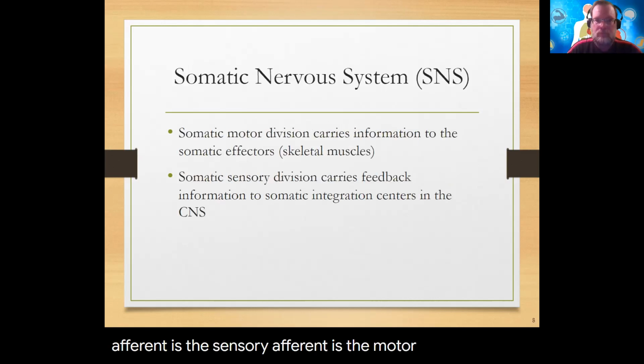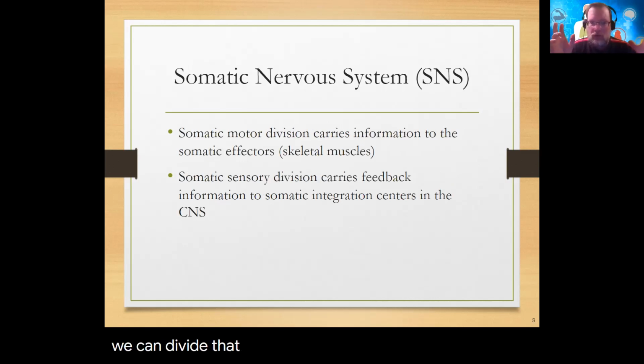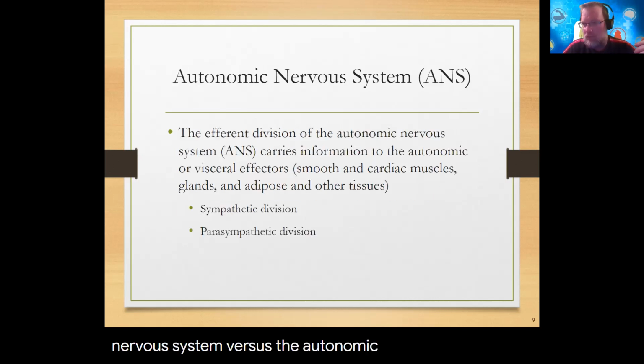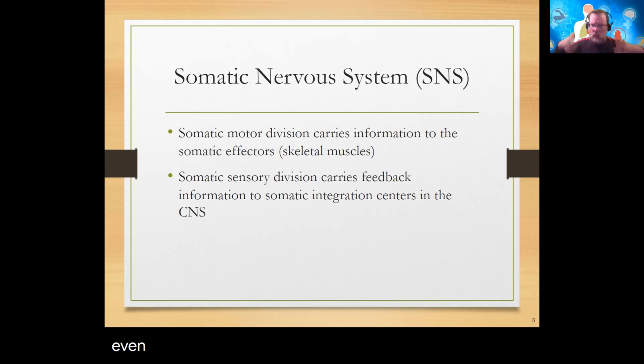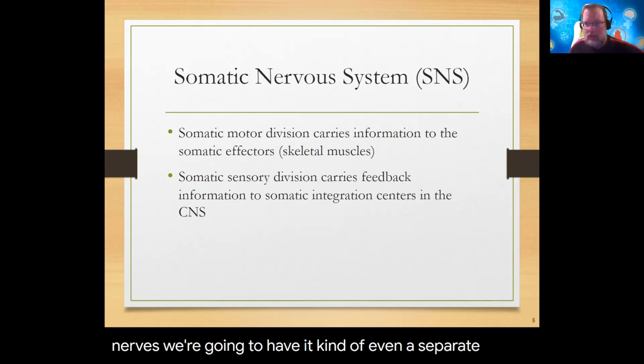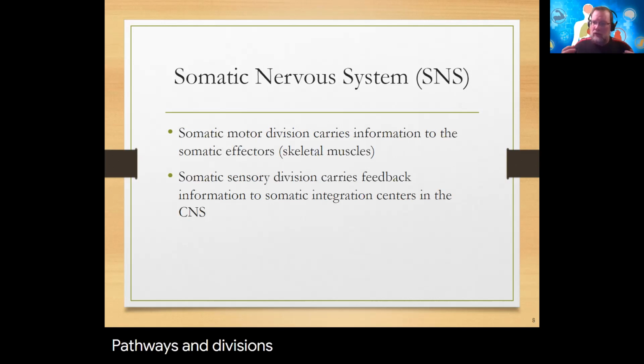Okay. So furthermore, we can divide that peripheral nervous system even further into what we call the somatic nervous system versus the autonomic nervous system. So, even within all of these different sensory nerves and motor nerves, we're going to have a separate set of pathways and divisions that involve more or less an awareness of body movement, more or less like voluntary activity.